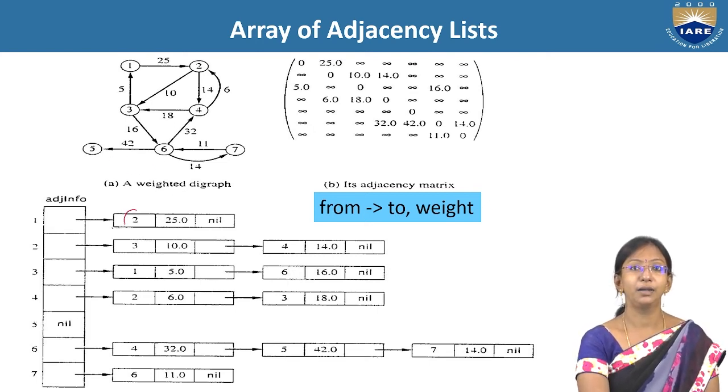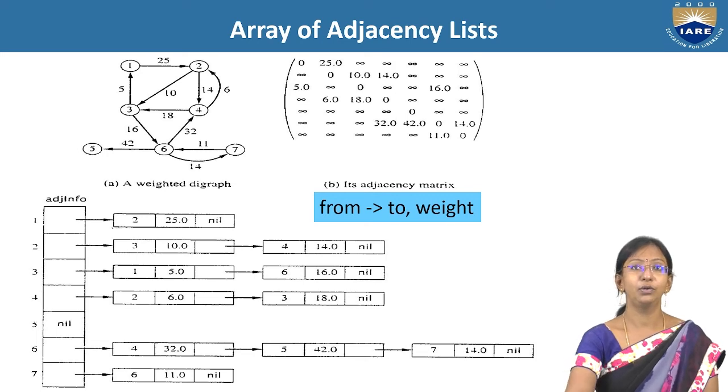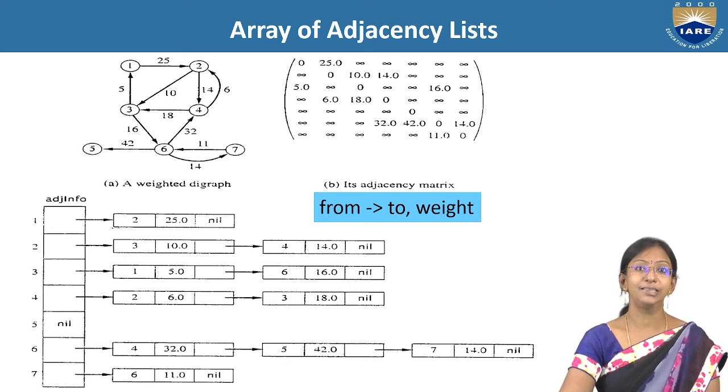One is having a neighbor 2 with a weight 25, and it is not having any other neighbor. Have a look at one. It is having only one neighbor, which is 2. Got it? So this is how we are going to represent adjacency lists of a given directed weighted graph.